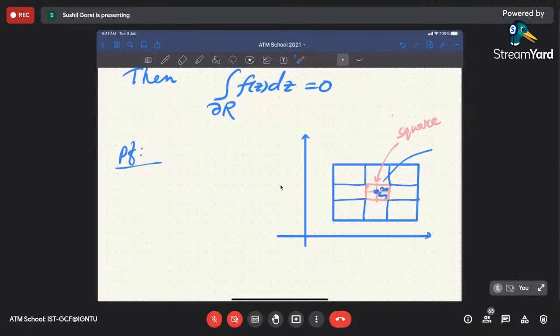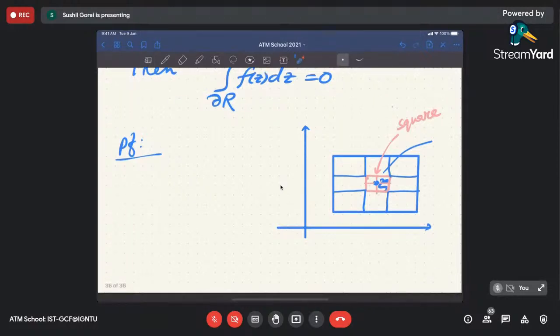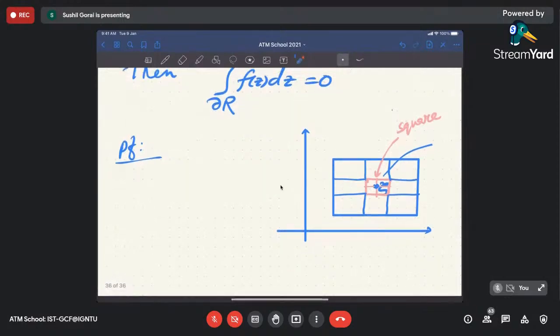And by the previous argument in the proof of the previous theorem, the integral can be summed as the boundaries of each of the rectangles. So this is the idea: first you get a square and then make other rectangles, and there it will not contribute anything.